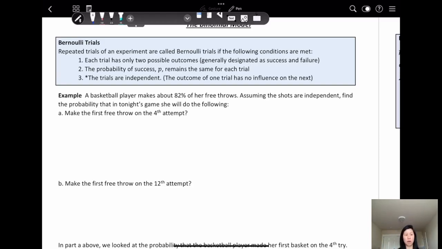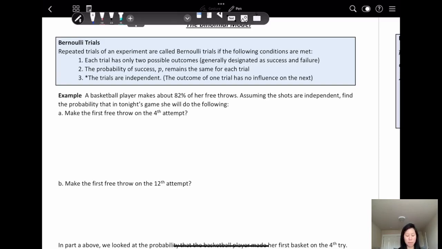The second time you toss it, the probability P equal to 50% remains the same. Even if you toss it 100 times, the probability should still be the same for each trial. So that's a binomial trial.